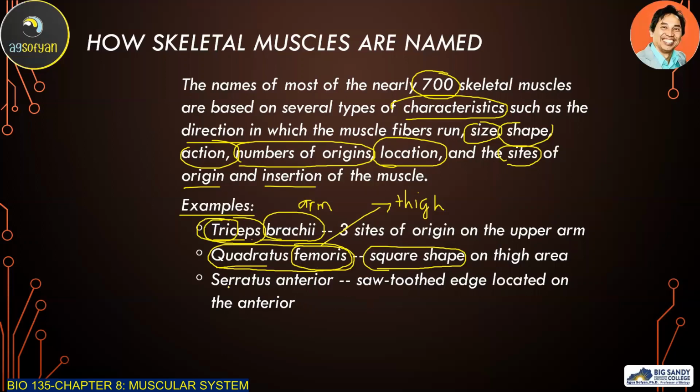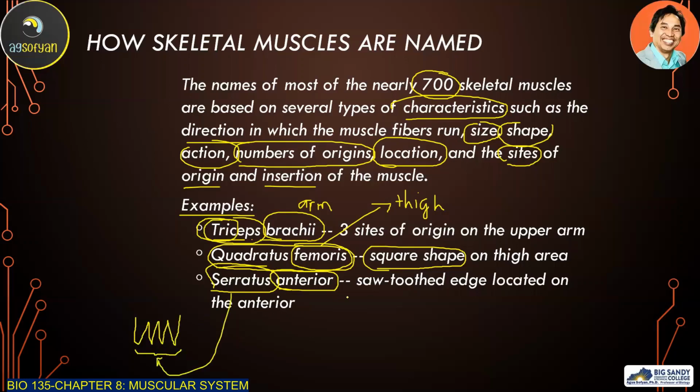Look at another name over here. This muscle is actually located in the anterior side of our body, so the name is telling you it is on the anterior side. And this is serratus. Serratus means a muscle that looks like teeth, has a teeth-like appearance.